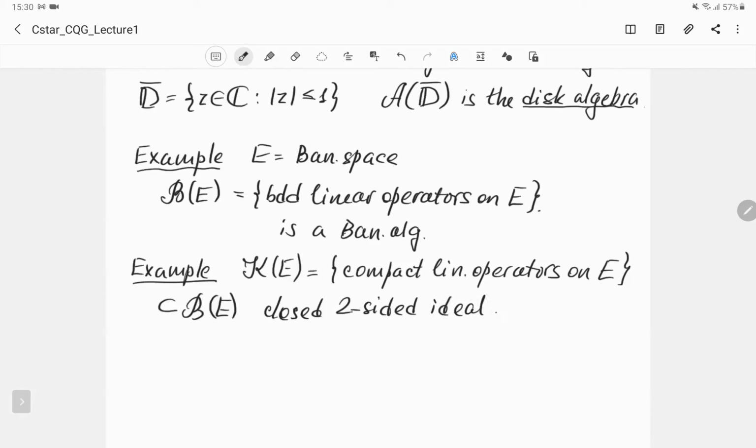So it's a Banach algebra. And usually, if E is infinite dimensional, this algebra is not unital. Well, more examples of operator algebras will come later when we discuss C-star algebras and compact quantum groups.